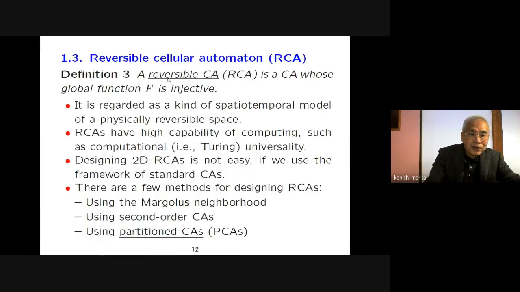On the other hand, reversible cellular automaton, RCA, is defined as follows. Here, a reversible CA, RCA, is a CA whose global function, large F, is injective. It is regarded as a kind of spatio-temporal model of a physically reversible space.